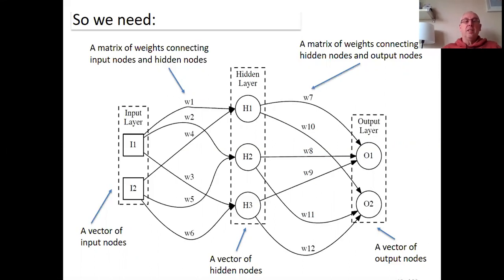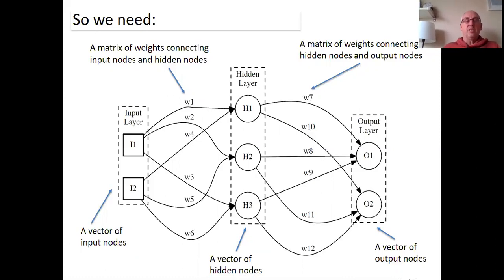So each of the arcs in the network has a weight. So we have a vector of input nodes, a vector of hidden nodes, and then maybe multiple vectors of hidden units at different hidden layers, and a vector of output nodes.